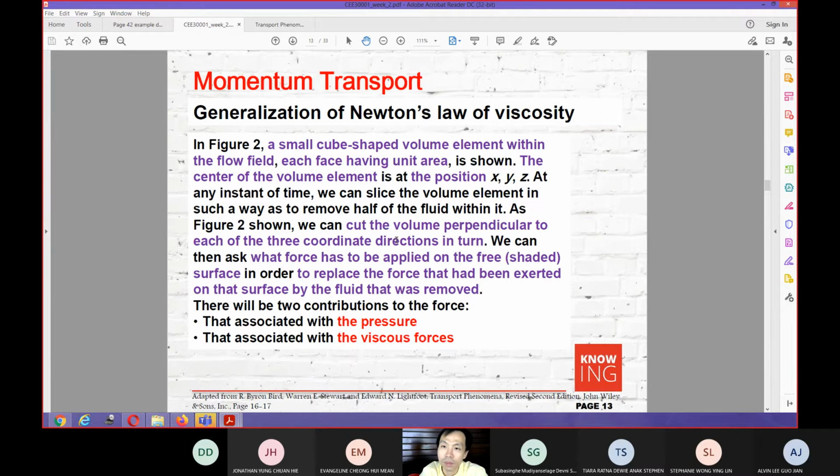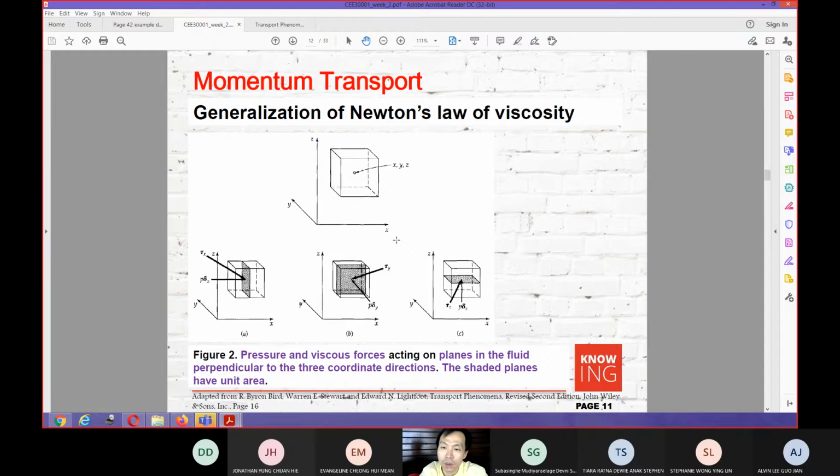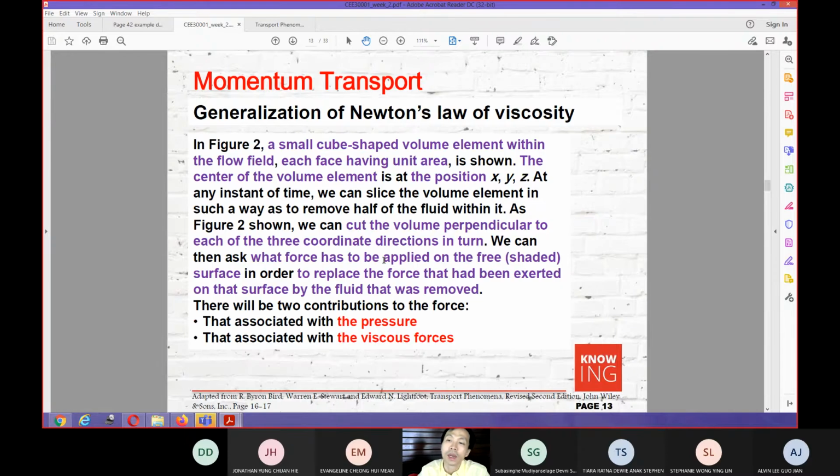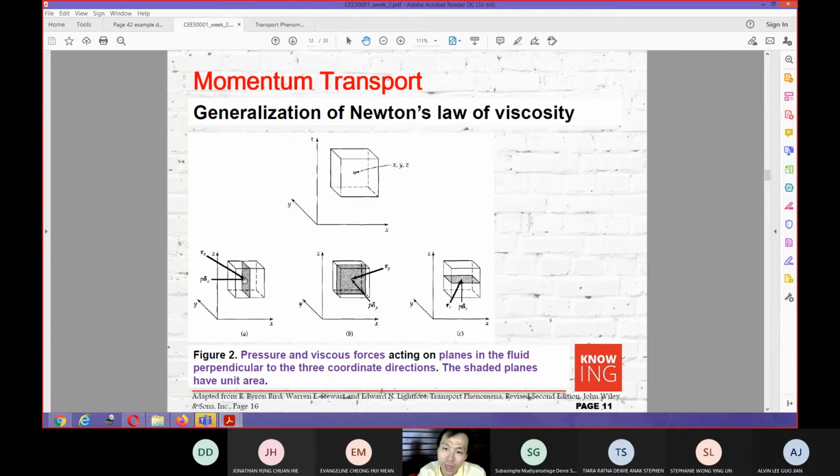I think this one is continuing the generalization of internal viscosity. Let's say we put the center of the volume element at the position x, y, and z, and then we scrap half of the cube, and we want to know what will be the force needed to replace that half of the cube that we have removed previously.